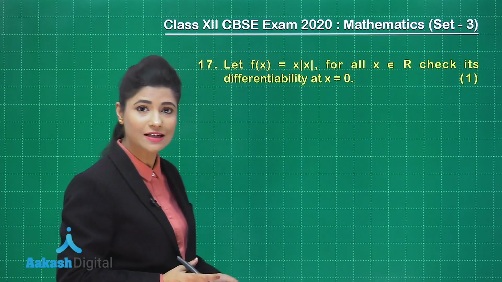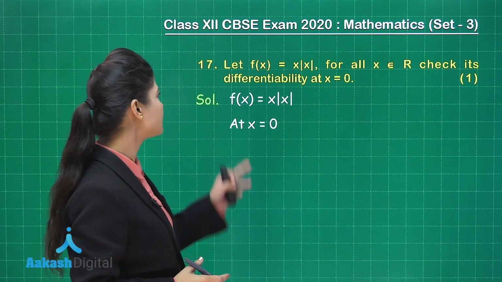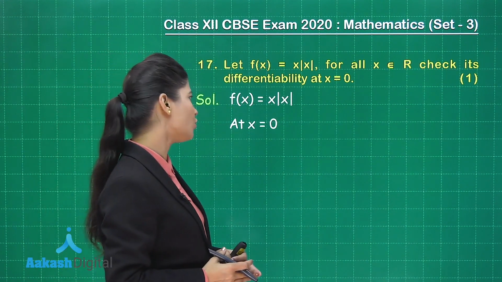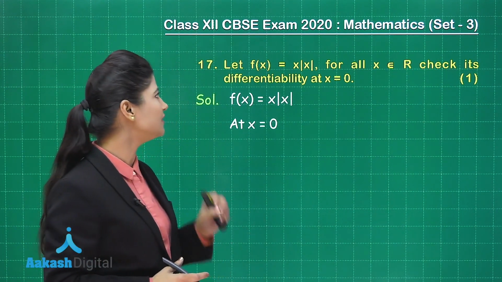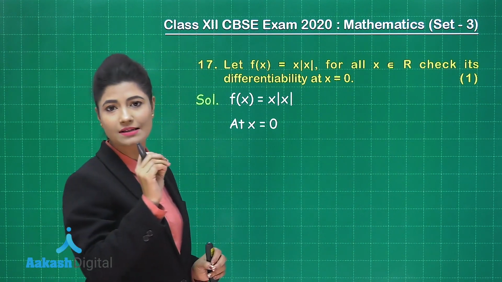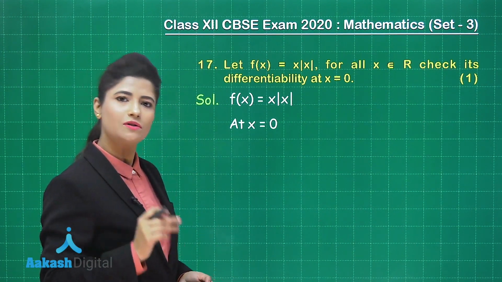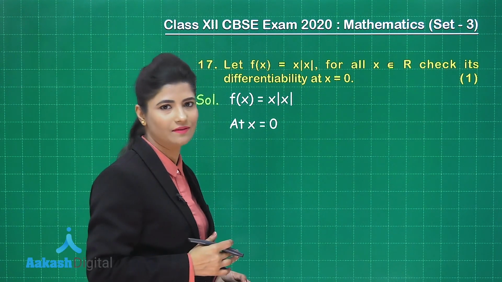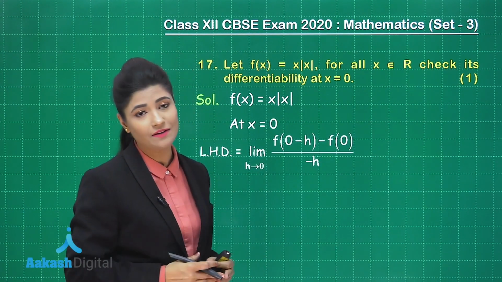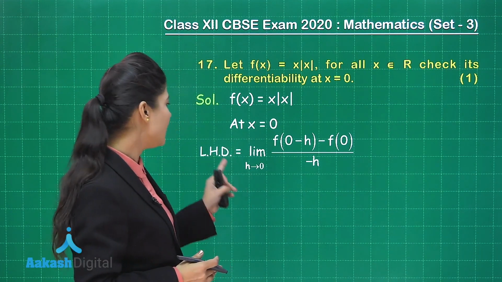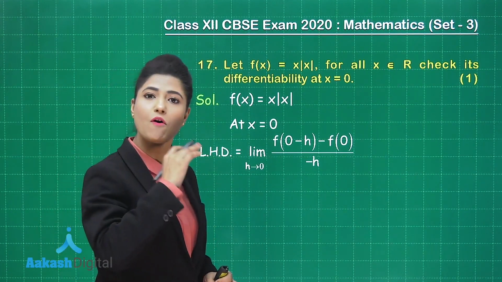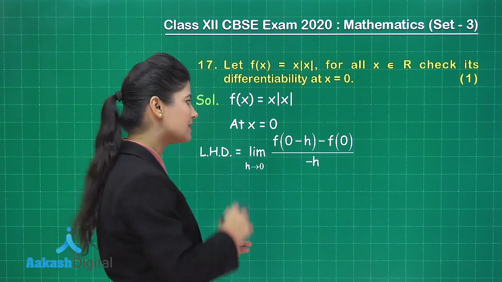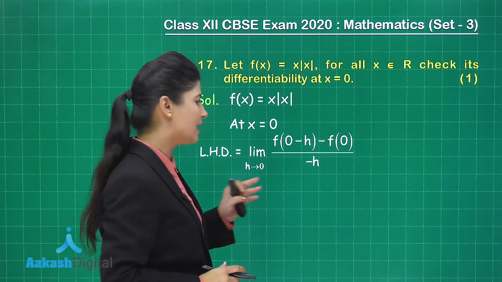So here we have x equal to 0. So in this case, as f of x is equal to x into mod of x, at x equal to 0, you will definitely get here f of x equal to 0. So now let's obtain firstly left hand derivative. How do we get here left hand derivative? So for left hand derivative, you get that limit h tending to 0 of f of 0 minus h minus f of 0 upon minus h.